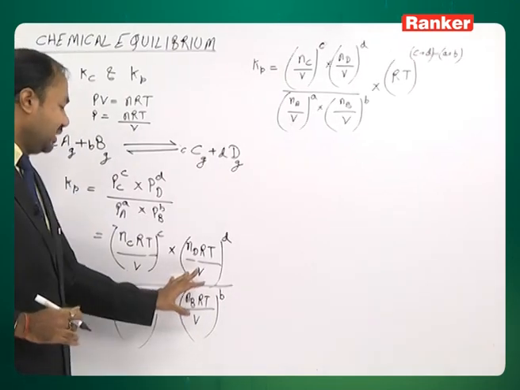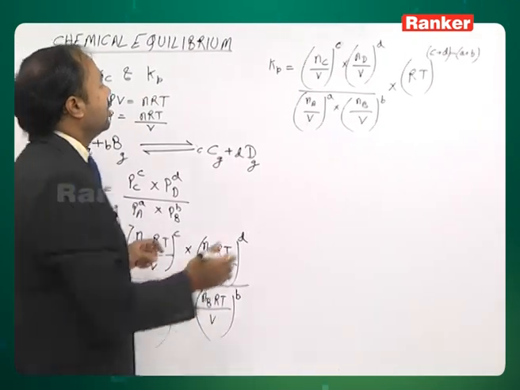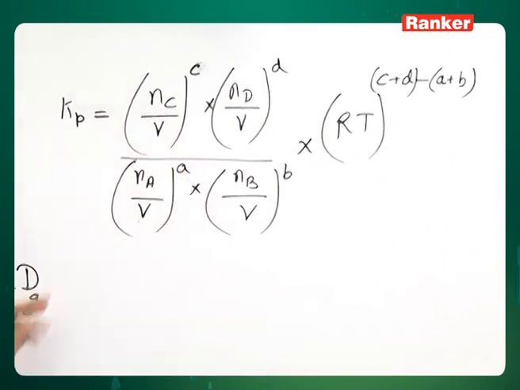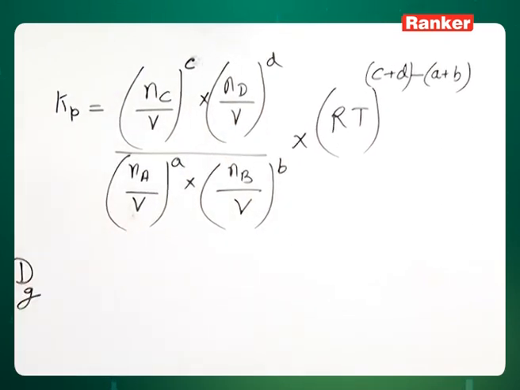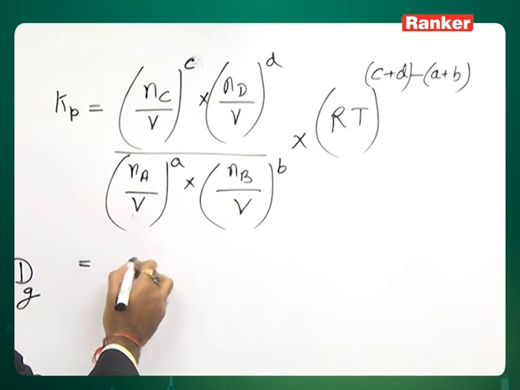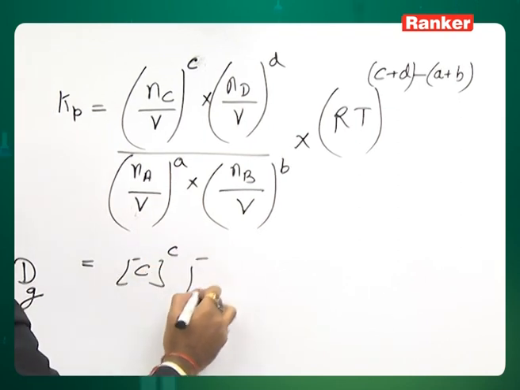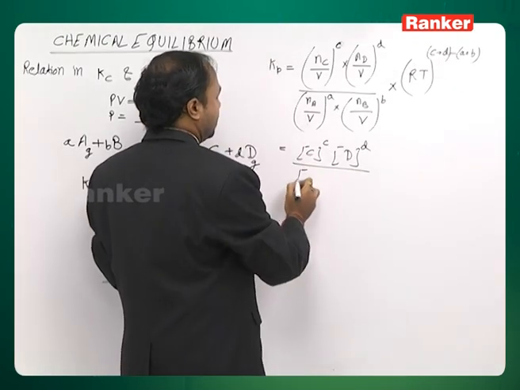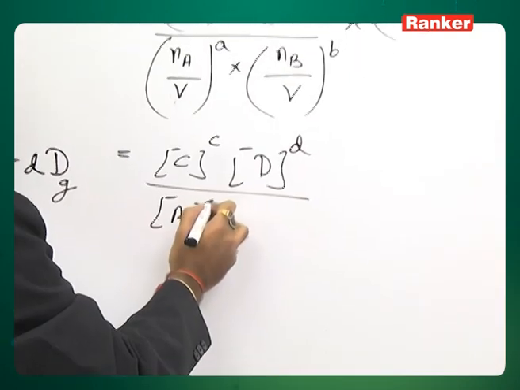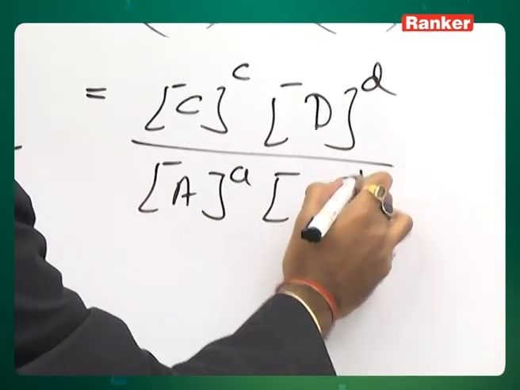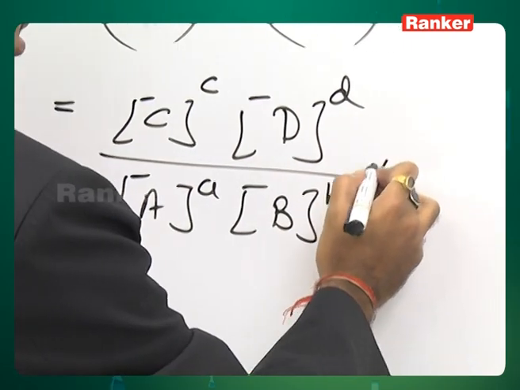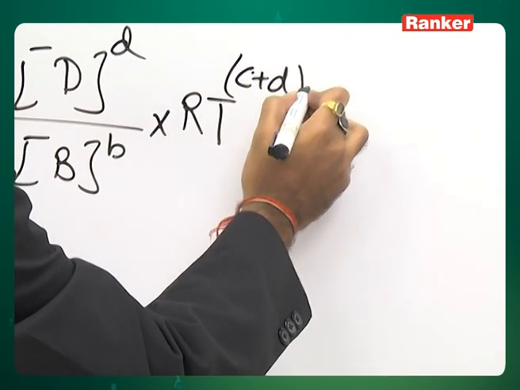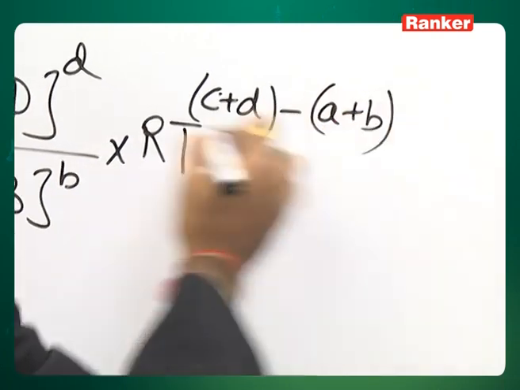Okay, simple mathematics here, nothing new, nothing more complicated. If you notice, this term is nothing but the equilibrium constant using concentration terms. Why? Because this is nothing but concentration of C power c into concentration of D power d, upon concentration of A power a into concentration of B power b, into RT power c plus d minus a plus b.